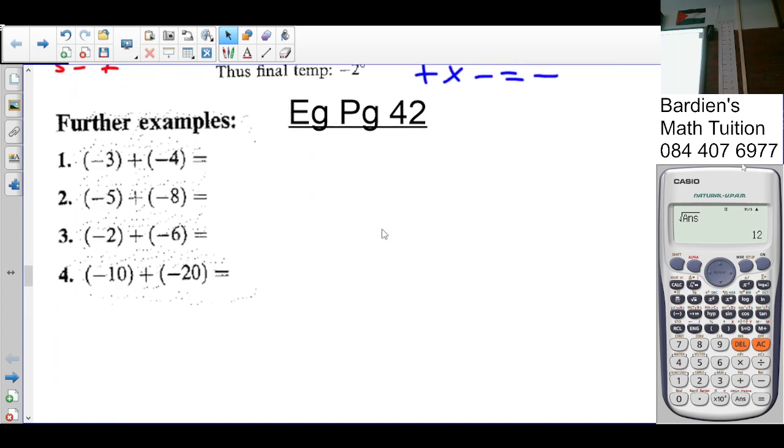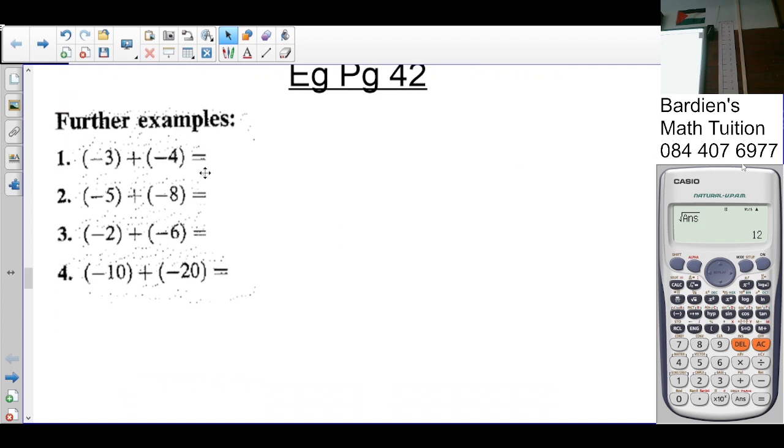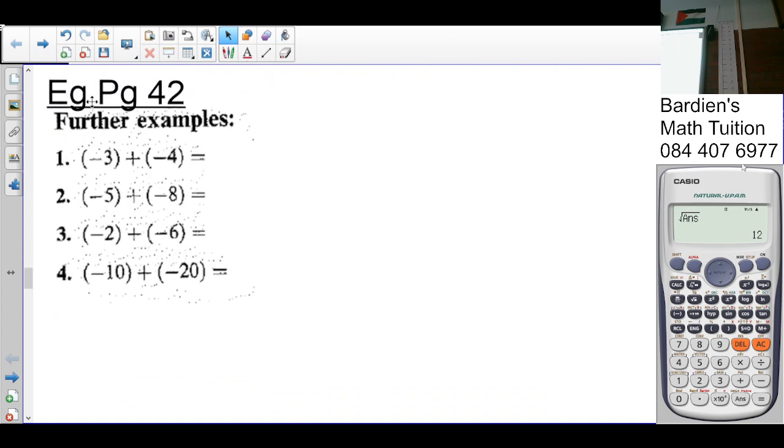So let's look at a few examples quickly. Write that down: negative 3 plus negative 4.